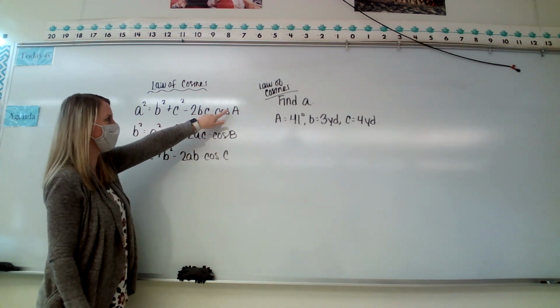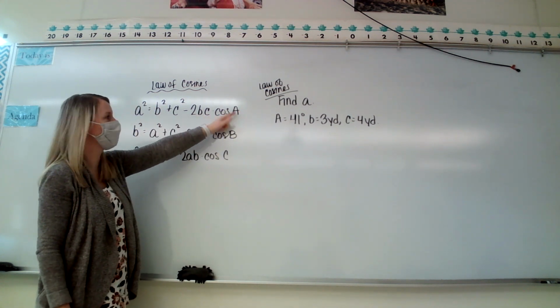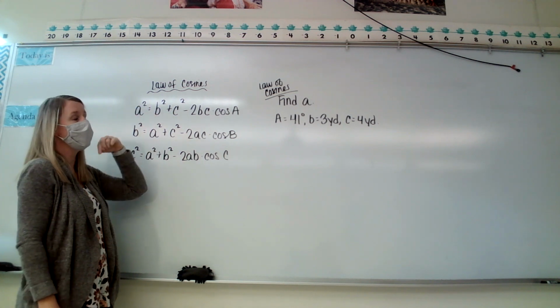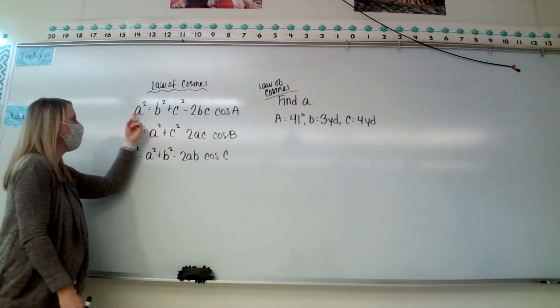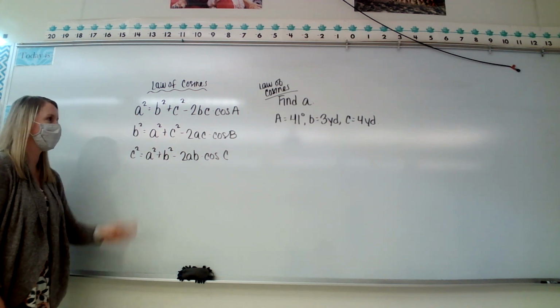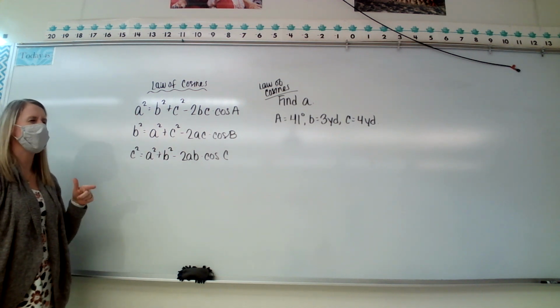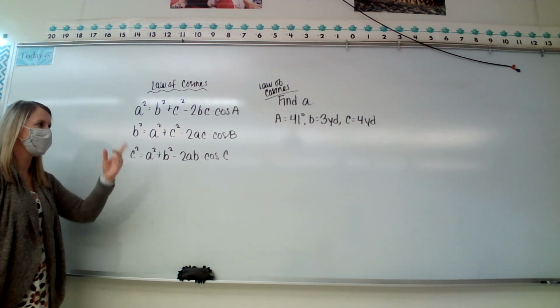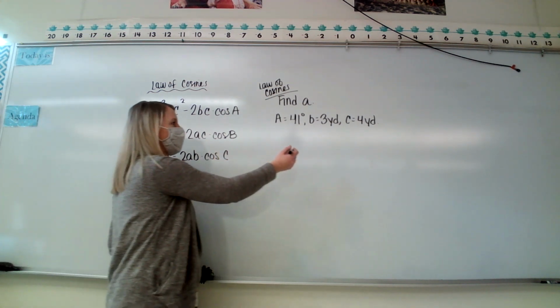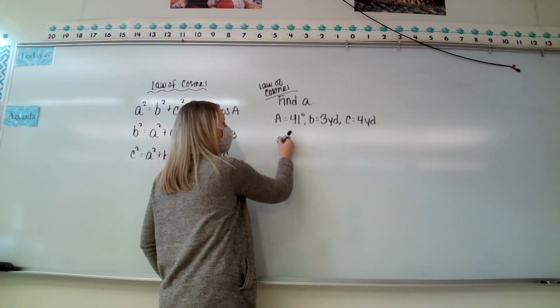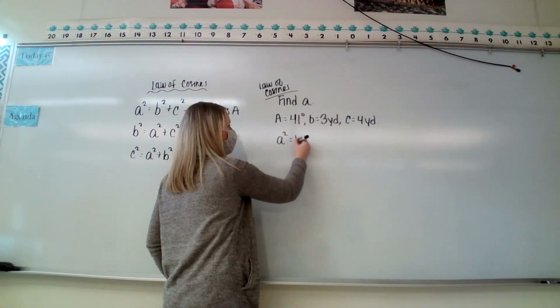See how this is the only one that has angle A? So you have to choose the first version. That's always how I get it. Or you can say I'm finding side A, I'm looking for A. That makes sense as well. But if you base it off the angle, that should be your hint as to which version you're using. So I'm going to rewrite it just so I know. I'm going to plug into that first version.